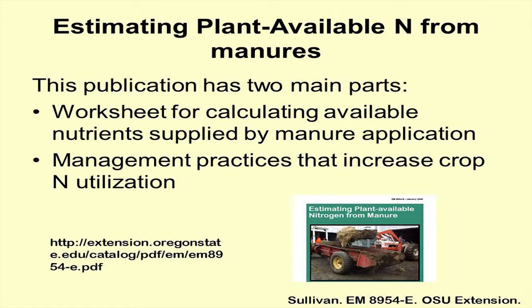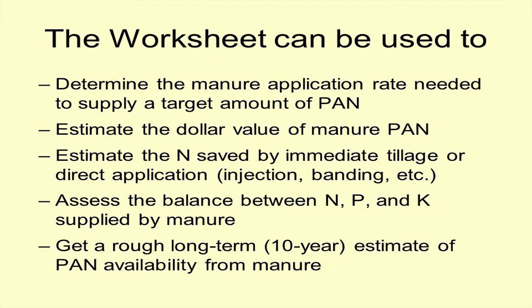I'm going to talk about a different bulletin, 8954. It's estimating plant available nitrogen from manure, a system on how to deal with some of these calculations. There's a number of methods out there. There's a worksheet that can be used to determine manure application rate needed if you know what target plant available nitrogen you're shooting for in your crop.